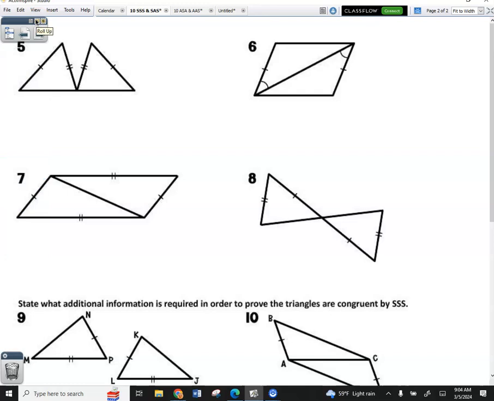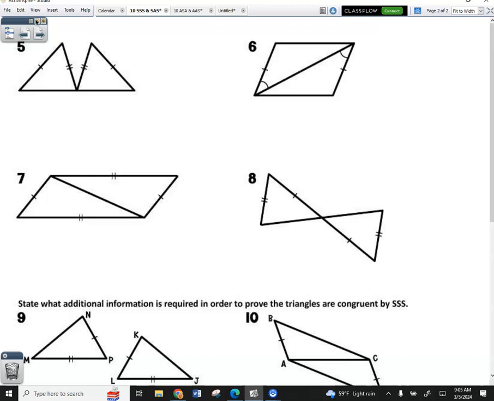Number 5 is kind of a weird one. They are touching, however, they're not touching in a way that's a shared side. They're not touching in a way that's vertical angles because I don't have that clear cut X of two straight lines.